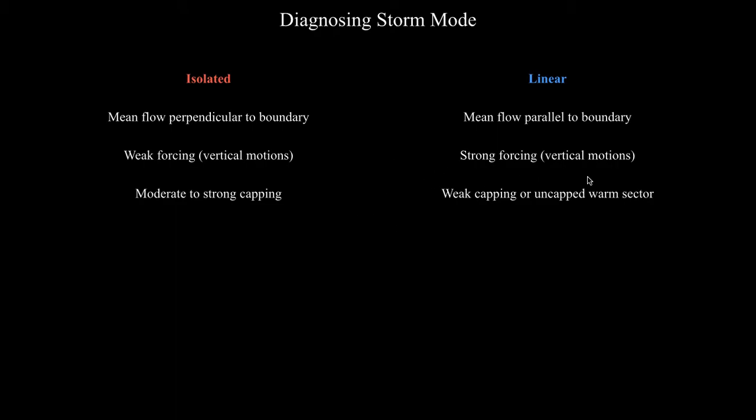Now, you can get isolated thunderstorms in a weakly capped environment if your vertical motions are sufficiently weak. But if you have a strong cap, then you want stronger vertical motions to even penetrate the cap in the first place.